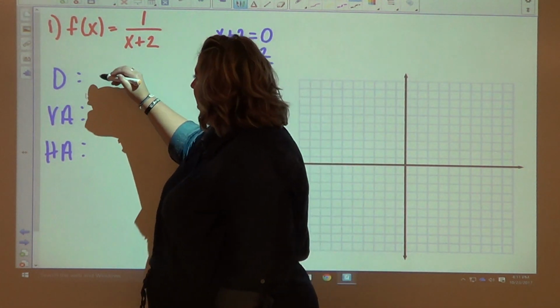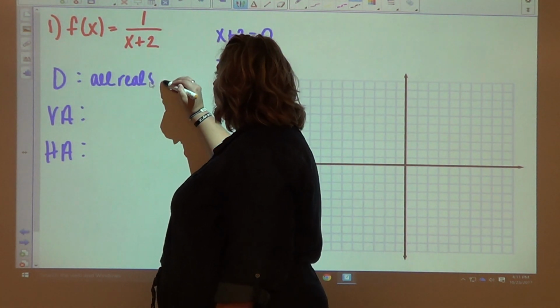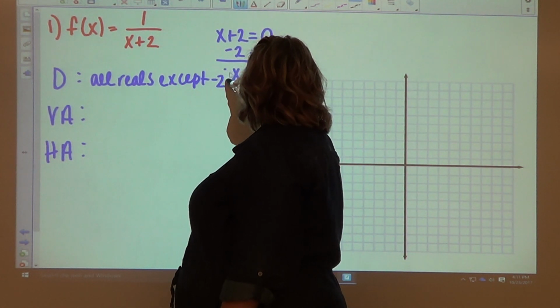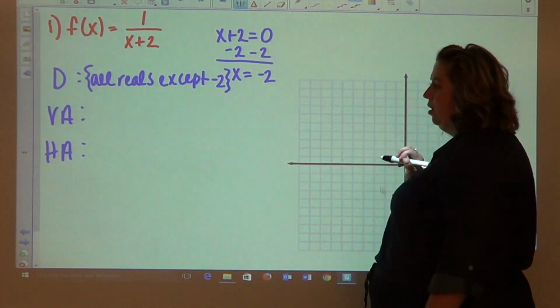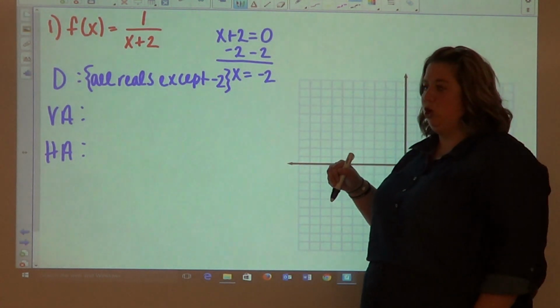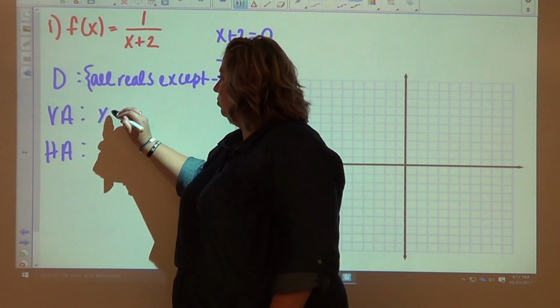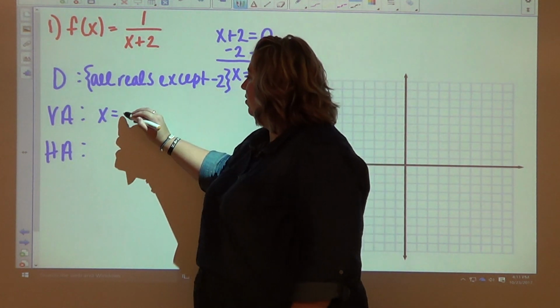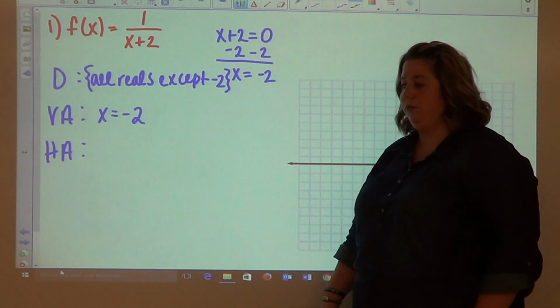So my domain would be all reals except negative 2. Which means my vertical asymptote is the exception in the domain. Vertical lines are always x equals, and my exception in the domain is what I just found. So my vertical asymptote is x equals negative 2.